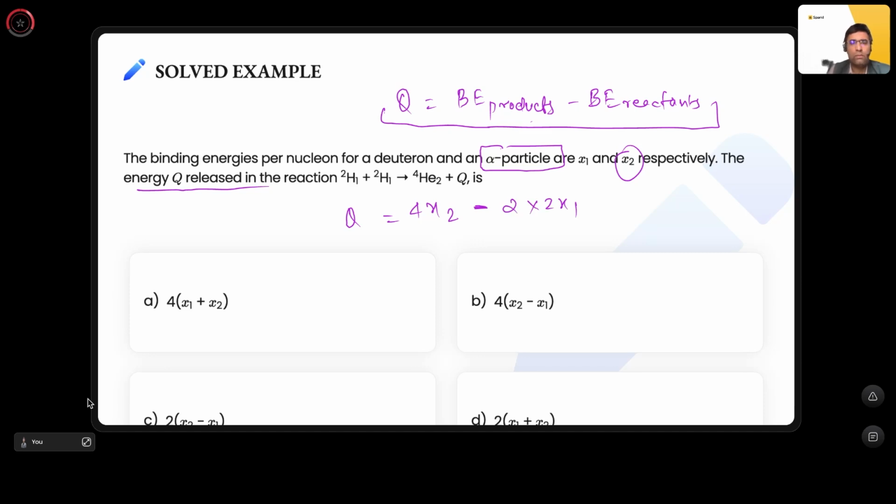All right. So this comes out to be 4 into x2 minus x1. This will be my answer. So ये फॉर्मूला आपको यूज करना है, दिस इज द गवर्निंग फॉर्मूला एंड पुट द वैल्यूज व्हाट एवर आर गिवन। द बाइंडिंग एनर्जी पर न्यूक्लियन दिया हुआ है, so we have 4 nucleons over here and 2 nucleons over here.